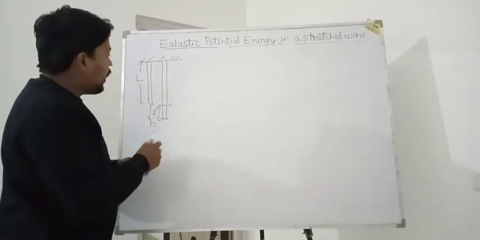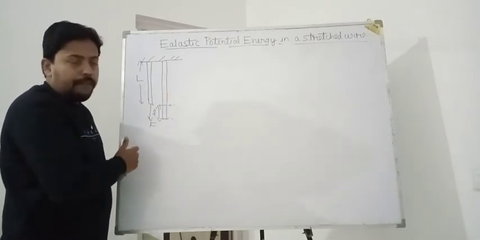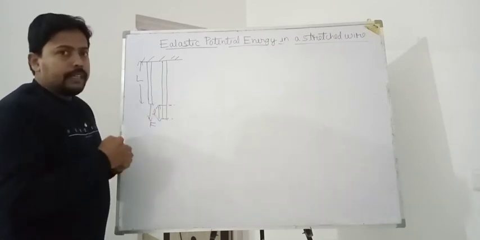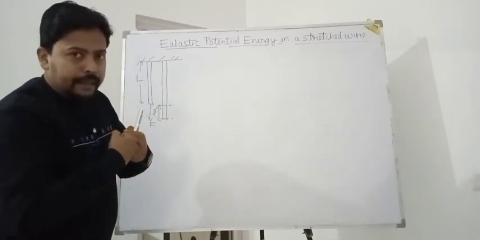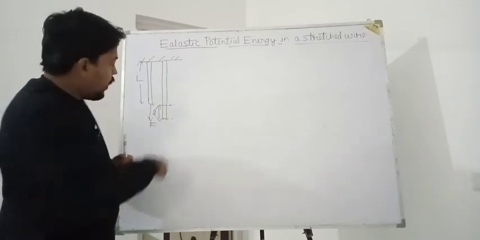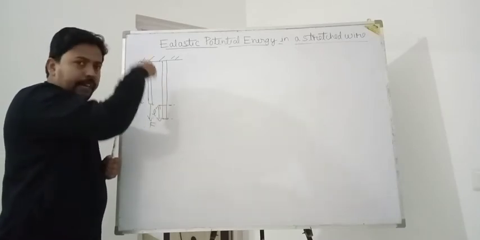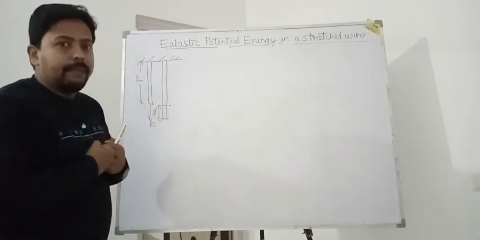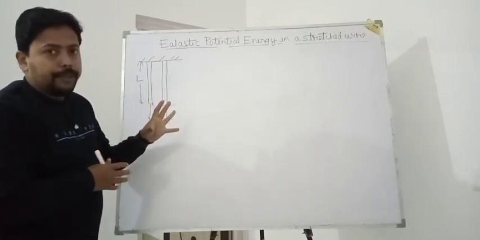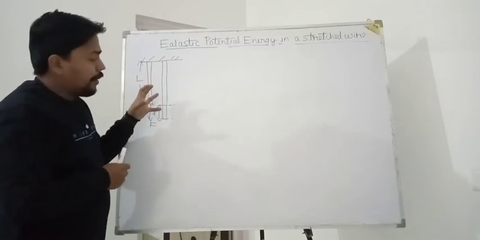Because we know that it is a compact structure, if I am talking about the rod or the wire, there are some forces by which the molecules are bound. So we are doing some work against that force, work is done in the downward direction against those intermolecular forces.